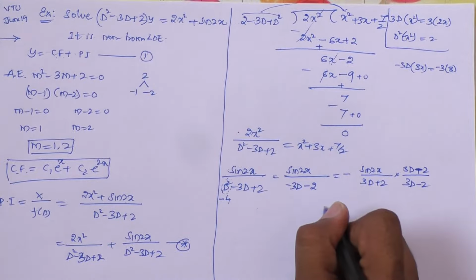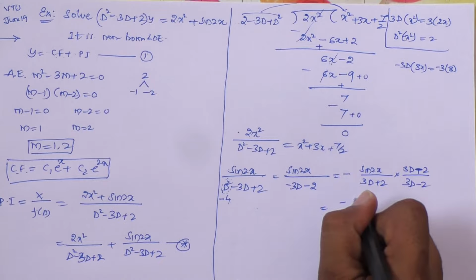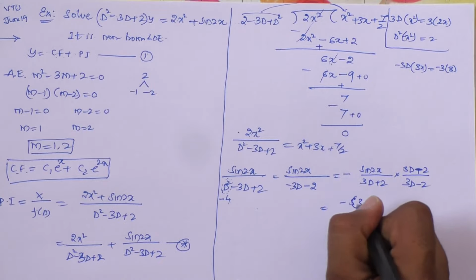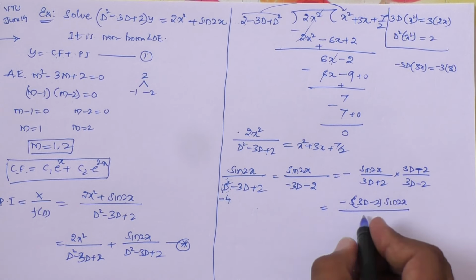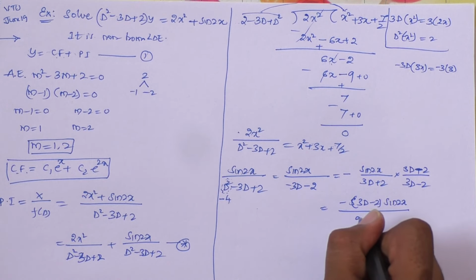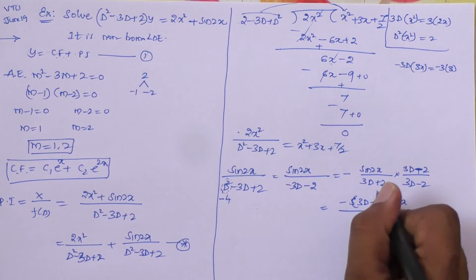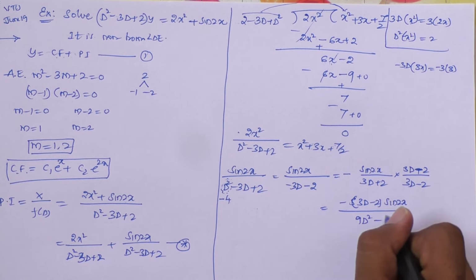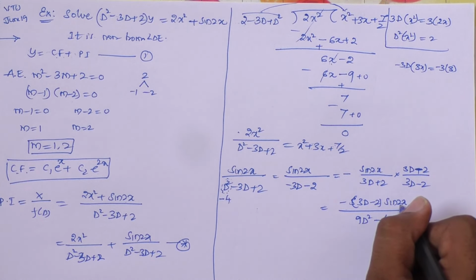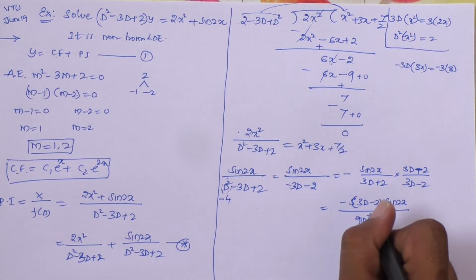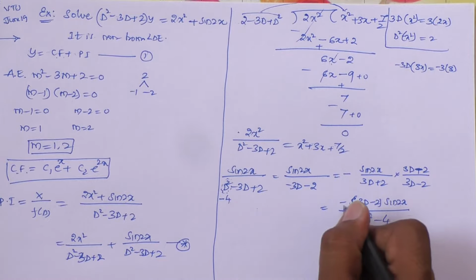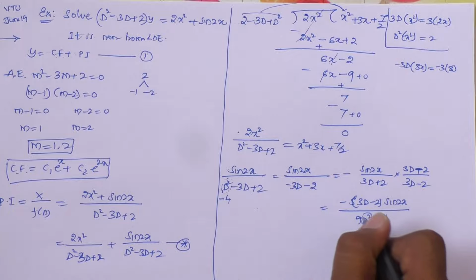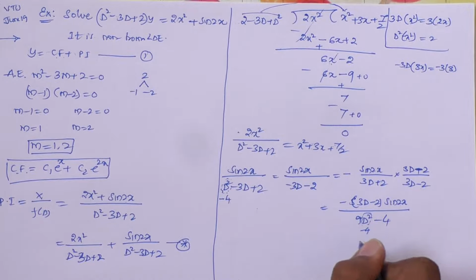When you multiply, it can be written as minus 3D minus 2 in the numerator into sin 2x, divided by 3D square, which is 9D square, minus 4. Now replace D square by minus 4. So 9 into minus 4 is minus 36, minus 4 is minus 40. The minus sign is there, so minus of minus 40 gives plus 40.